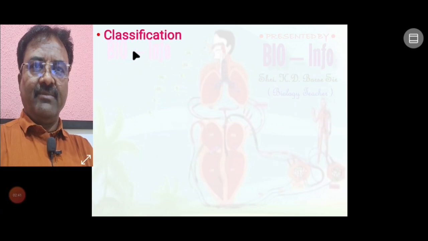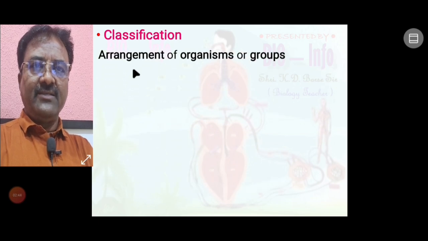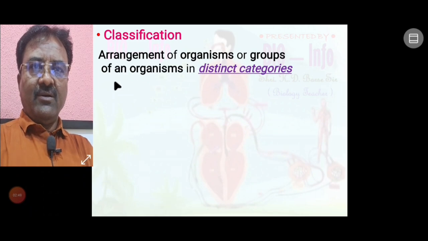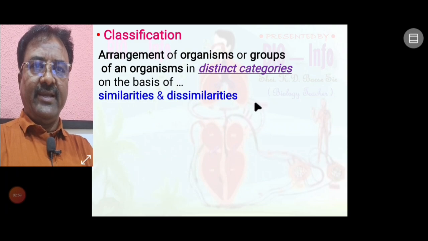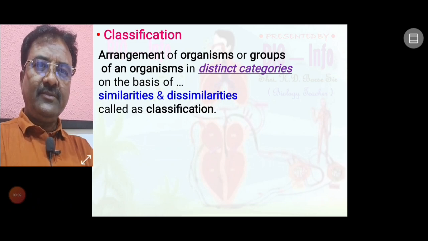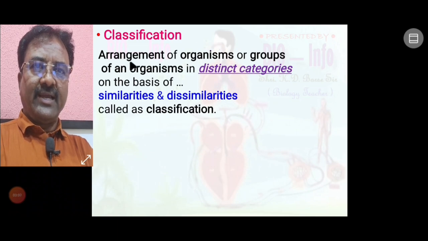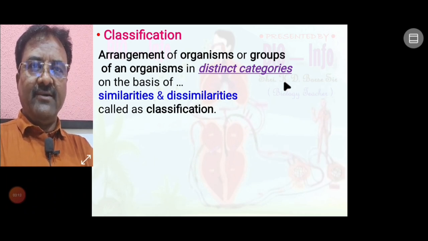Now we learn the term classification. What is the meaning of classification? Arrangement of organisms or groups of organisms in distinct categories on the basis of similarity and dissimilarity is called classification. It means organisms or groups of organisms are arranged in distinct categories like kingdom, class, family, genus, species.